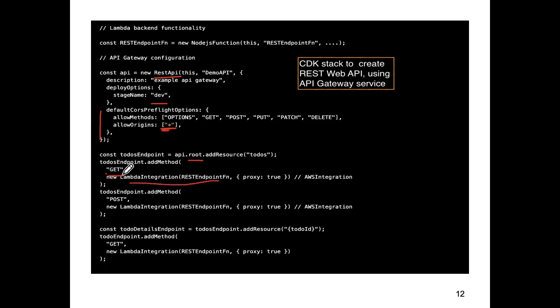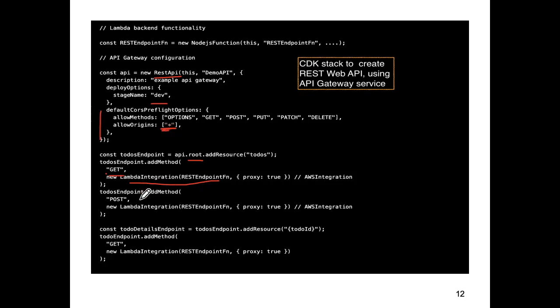And because I'm using a Lambda integration, that really is equivalent to the AWS proxy integration that I mentioned a few slides back. And that's the only type of integration we will be doing. So this is how we connect up a Lambda to a particular endpoint for a particular method.